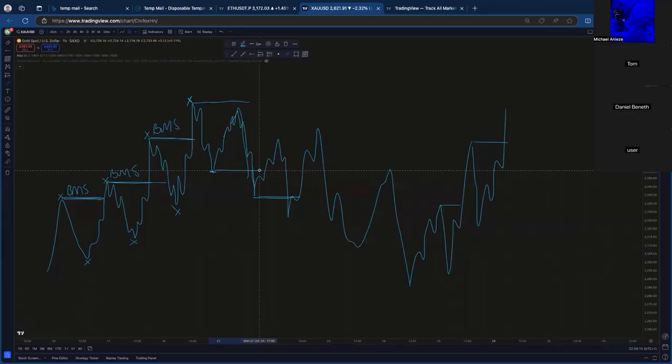Instead of calling it CHoCH or calling it QM, Quasimodo, whatever. Do you understand? When we get to that QM, I'm going to teach you the concepts of the QM, right?